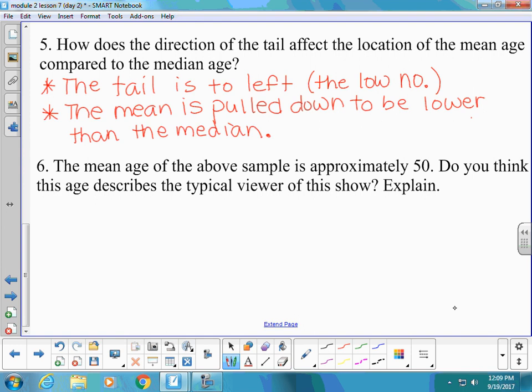Okay, the mean age of the above sample is approximately 50. So in my case, I actually guessed it correctly. Do you think this age describes the typical viewer of this show? And explain. Okay, we've talked about this before as far as typical viewer. If the data is skewed, then the median age actually describes the typical viewer.